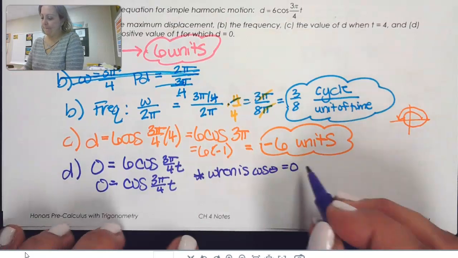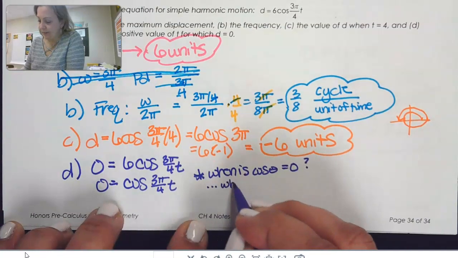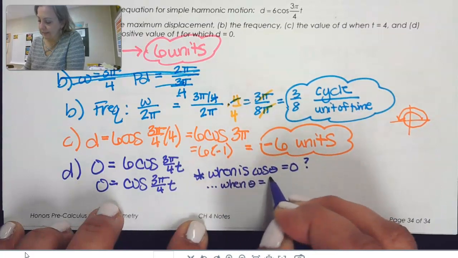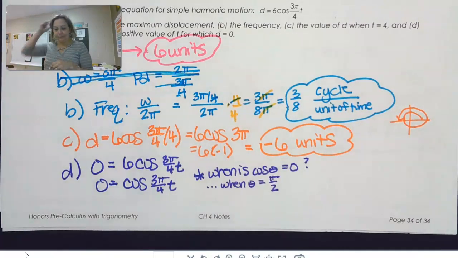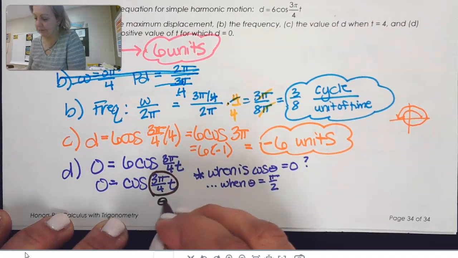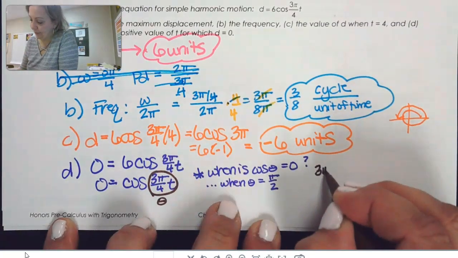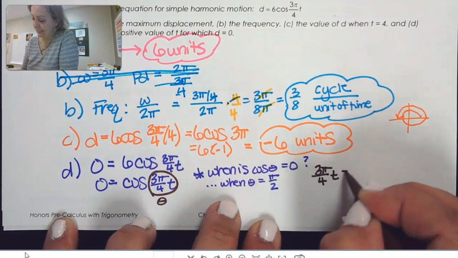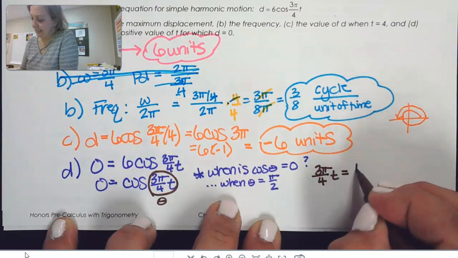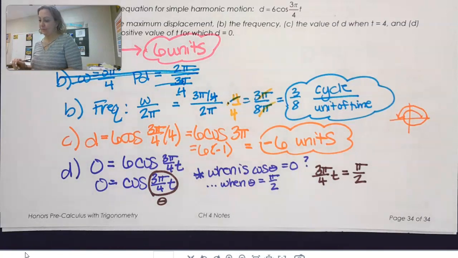Okay. One of the smallest values is when theta is pi over 2. And when we look at what theta is here, this is our theta. Okay. So then what we're really saying is that 3/4 pi t has to be equal to pi over 2. Because again, we want that value to be equal to pi over 2.